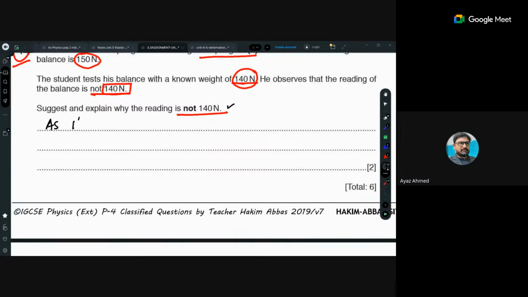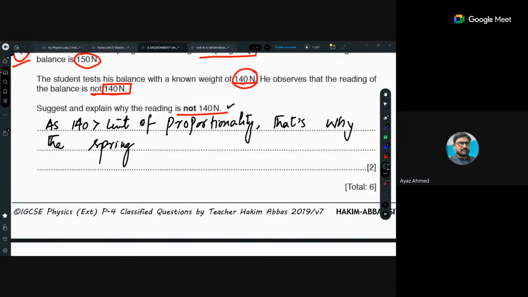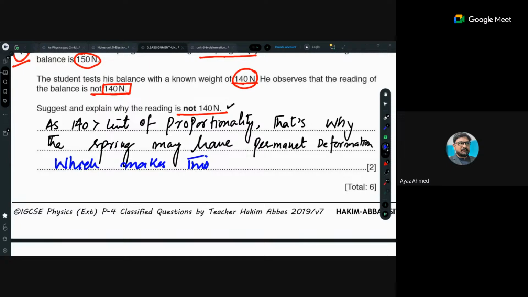As 140 is greater than the limit of proportionality, the spring may have permanent deformation, which makes the reading inaccurate. Okay, is this clear?